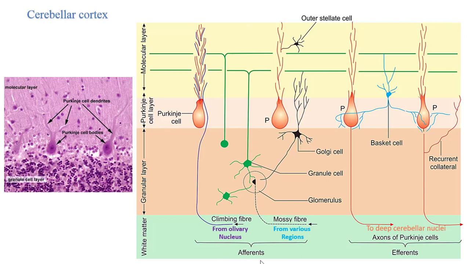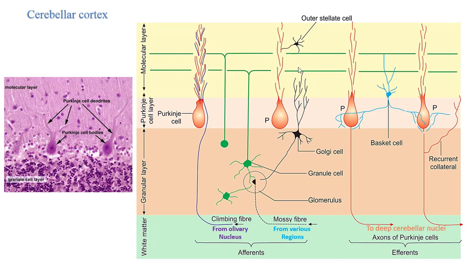Fibers entering the cerebellum proceed as mossy fibers from various regions of CNS or climbing fibers just from olivary nucleus. Mossy fibers form excitatory synapses with the dendrites of granule cells in the granule cell layer. From here, the granule cells send axons to the molecular layer, where they bifurcate into parallel fibers that run longitudinally in the folia.